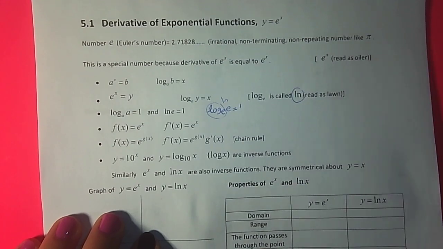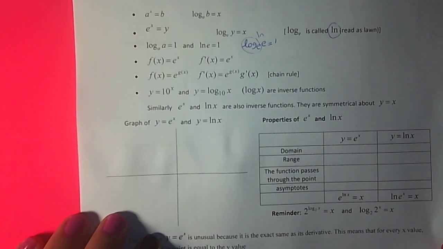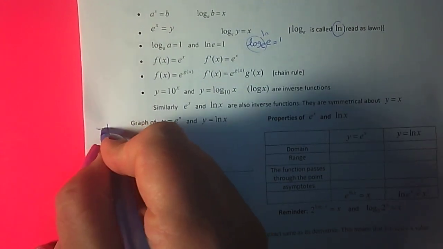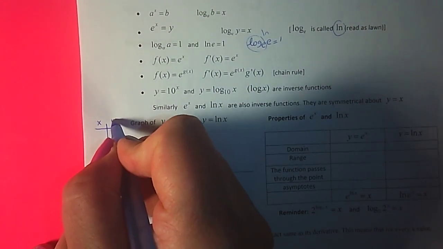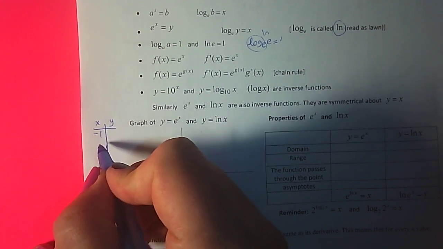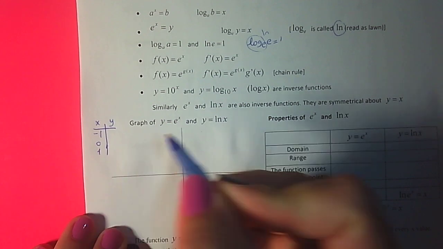Now we are going to sketch e to the power of x and ln x. Let's make a little table of values, x and y. Let's take three values for x: -1, 0, and 1.